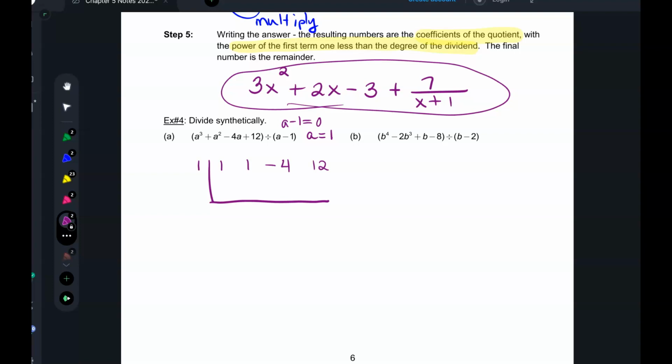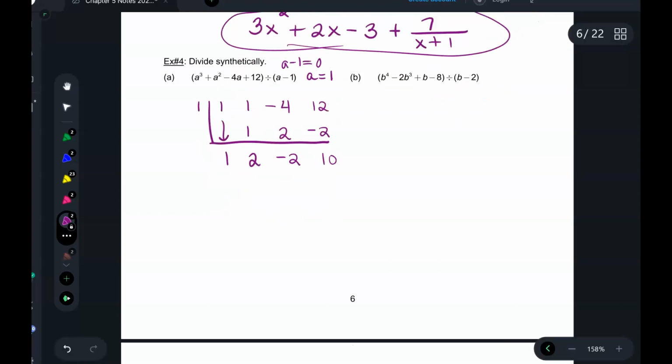So bring down that 1. 1 times 1, we get 1. Now we add these and we get 2. 2 times 1 is 2. Add, we get negative 2. Negative 2 times 1 is negative 2, which means our remainder is 10.